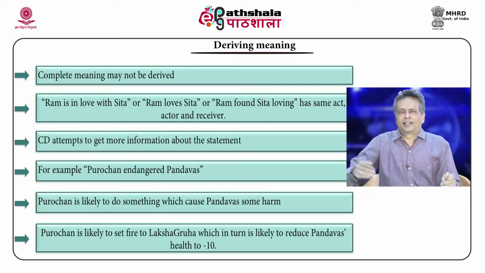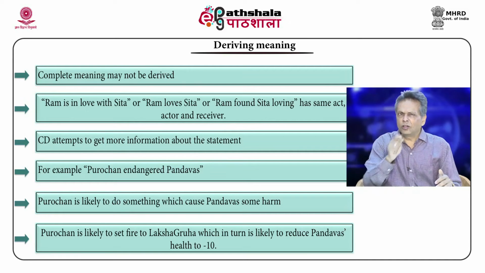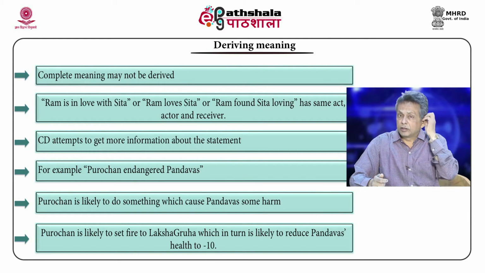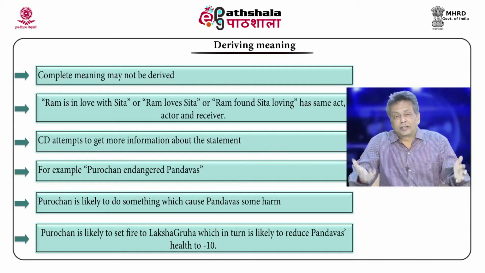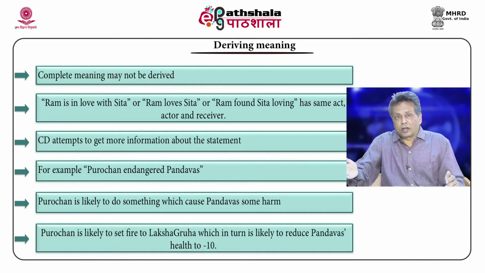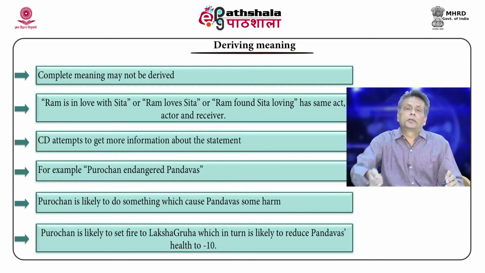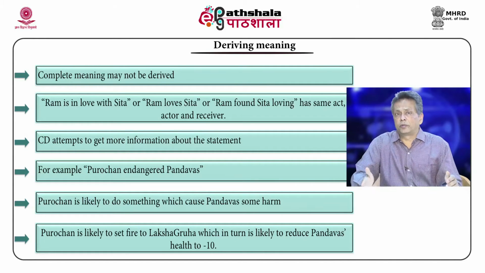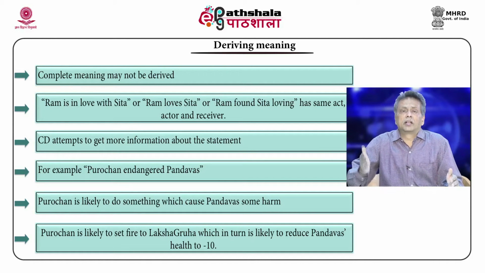You may be surprised that when you represent health equal to -10 and 10, it does not really represent the mental state of a person. And when you represent a concept like love, the same thing would happen. You may say that something happened which makes the mental state equal to 10 or something. Now, this is not love. You can understand that you are not representing love, but that is not the problem of CD. Please understand, that is the problem of language. We do not have something which can really represent love.